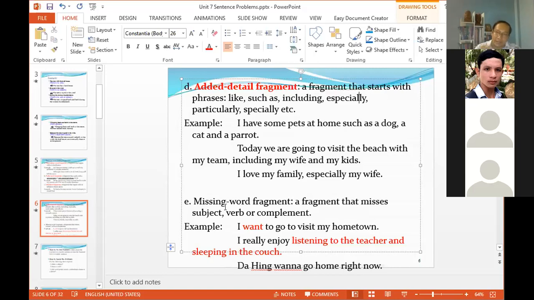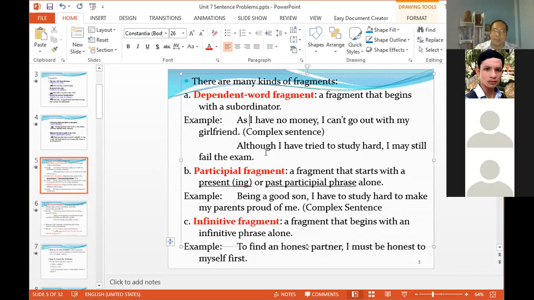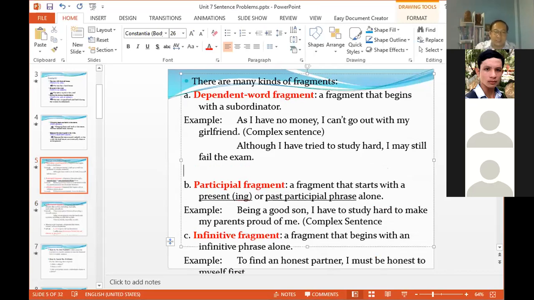And the way that we correct it is easy. For the dependent verb fragment, omit the subordinator. How about this one? Which is so annoying. If we omit which, can we understand it? No, teacher. It is still a fragment.